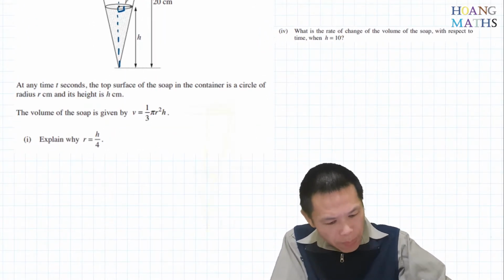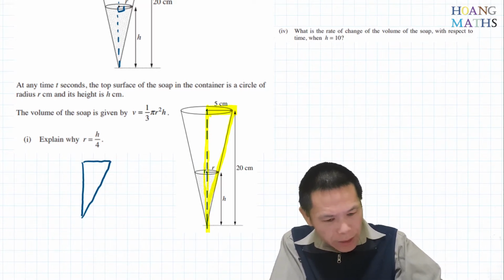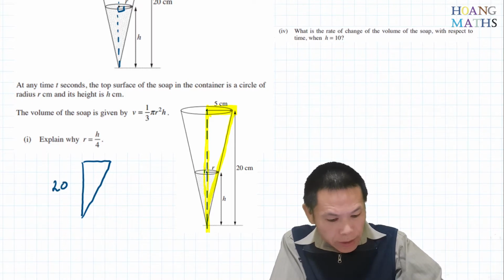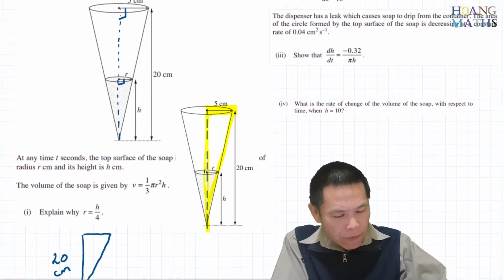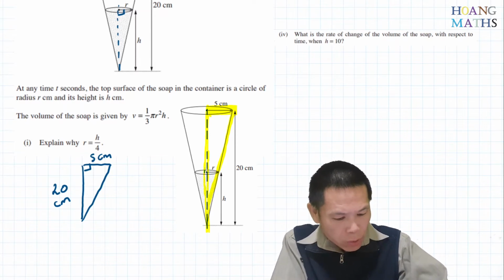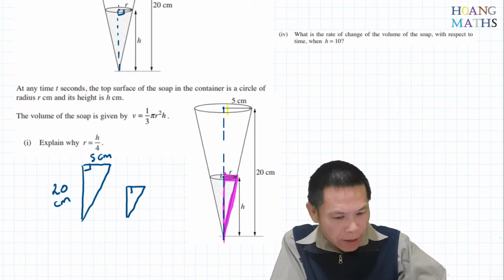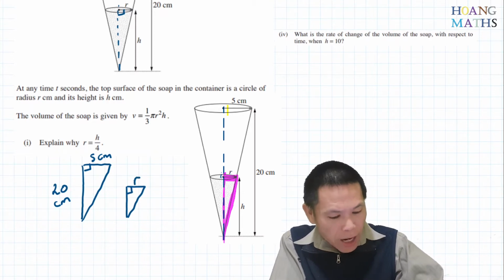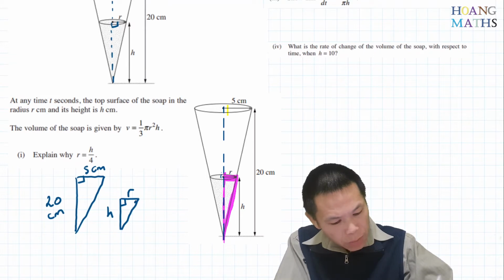We have a larger triangle, that is 20 centimeters, and 5 centimeters is the radius. And the smaller triangle is this: we have the radius, which is r, and h. And of course, these are corresponding angles.